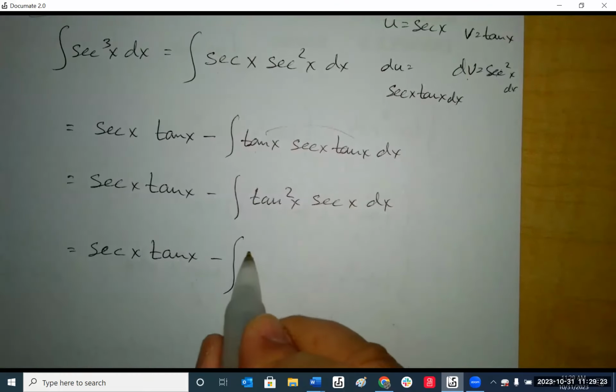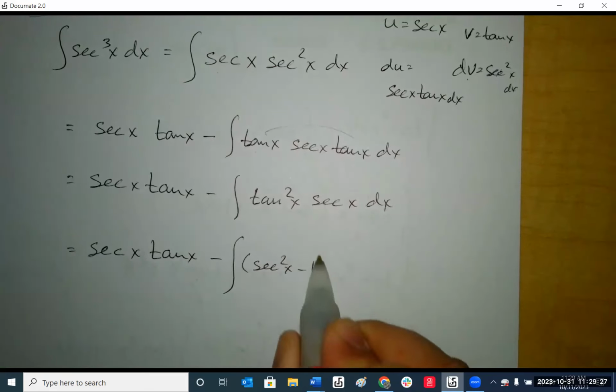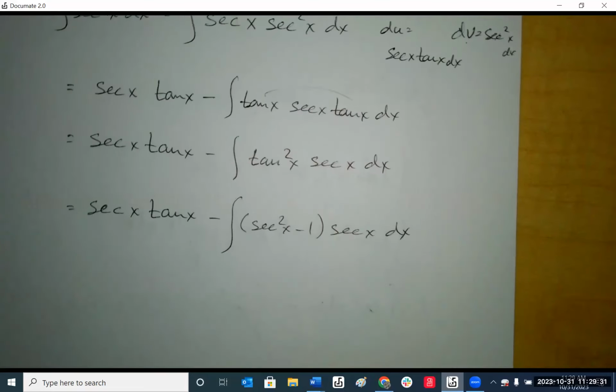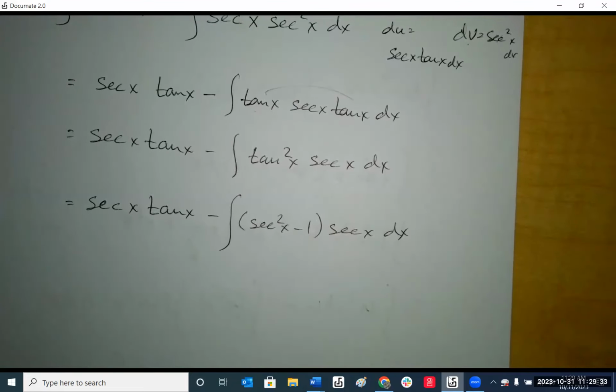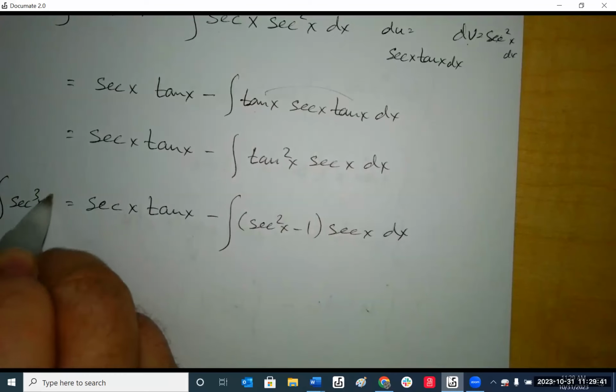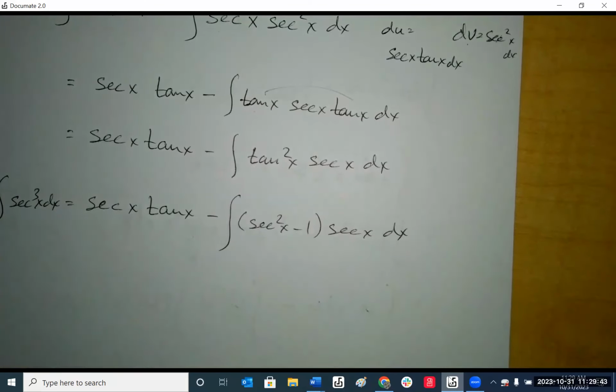And tangent squared from the last section was secant squared minus 1. Remember, this equals secant cubed x dx. The integral of secant cubed x dx.